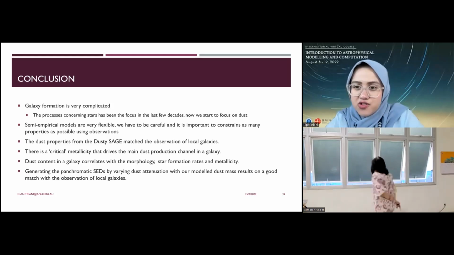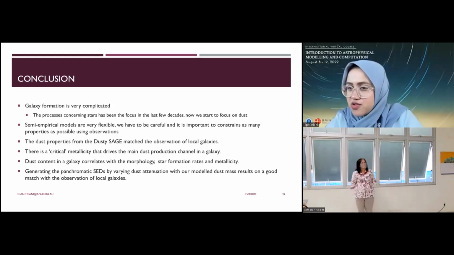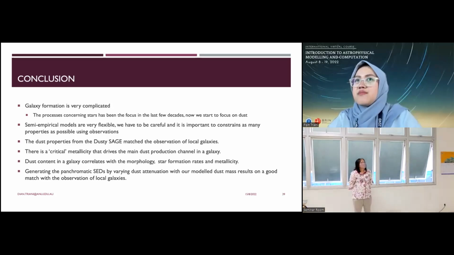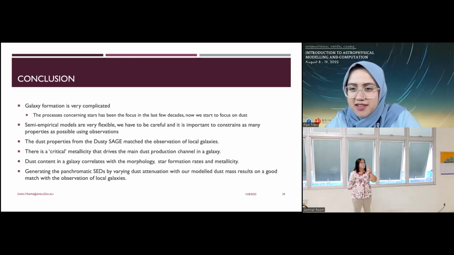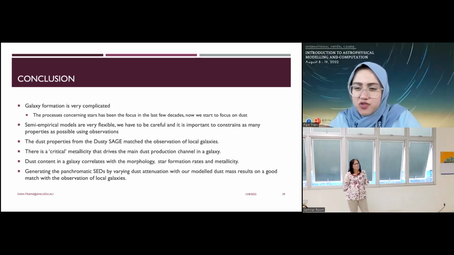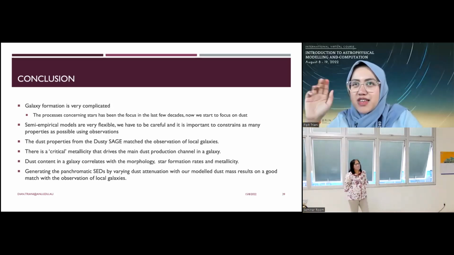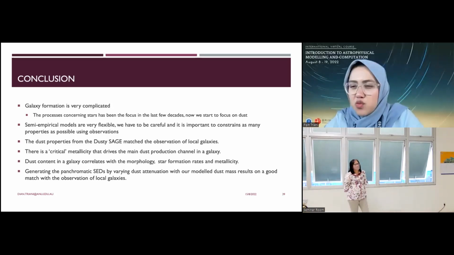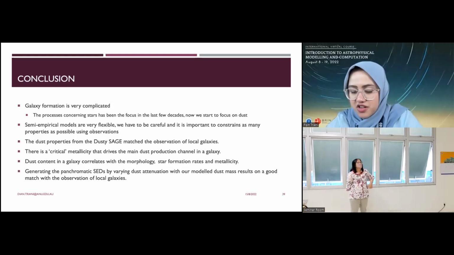We can output the properties of dark matter halos, for example the virial mass and maximum circular velocity. There are several properties of the halo that can be output from this, and it can get constrained from the dark matter observations. But what kind of constraint do you have, for example, on dark matter properties? Is it the halo mass function that you're talking about?